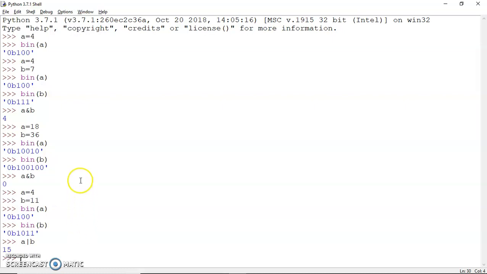So we have discussed two operators, bitwise AND and bitwise OR, and they work similarly to your AND and OR gates. In AND, if both the bits are high, that means both the bits are 1, then the resultant bit is 1, otherwise it's 0. In bitwise OR, even if one of the bits is 1, then the result is 1. So that's all for these bitwise operators.